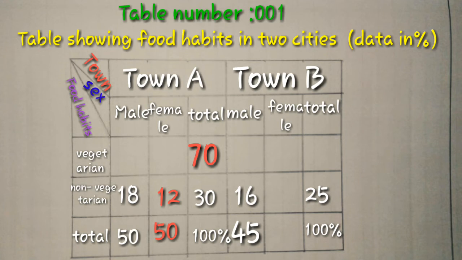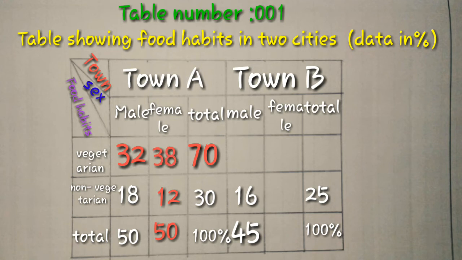Out of 50, 18 were non-vegetarians, which means 32 are vegetarians. After filling 32 as male vegetarians, in the total of 70%, if 32 goes, 38% will be female vegetarians.